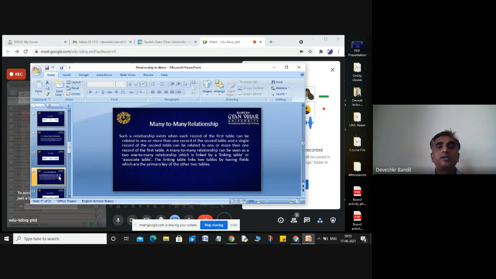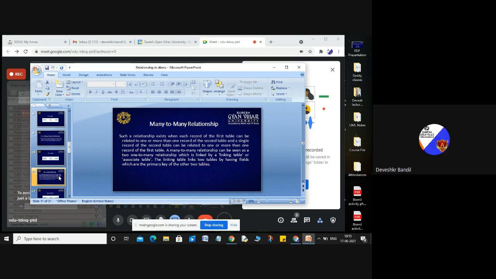So in the student table, you can make the student id the primary key, because the student id is unique. Through the student id, you can identify a particular student.